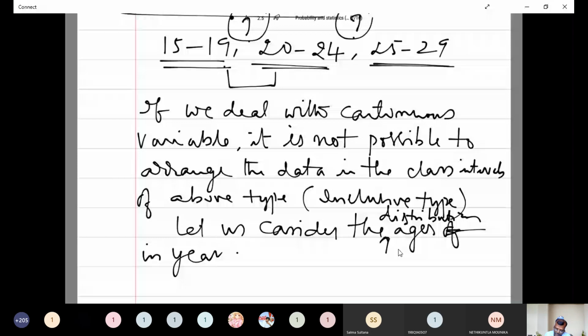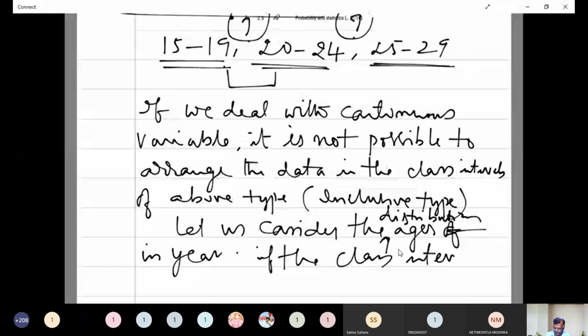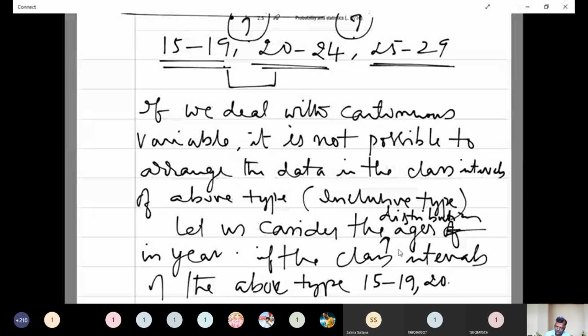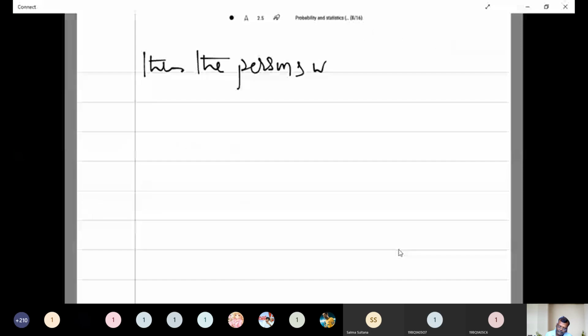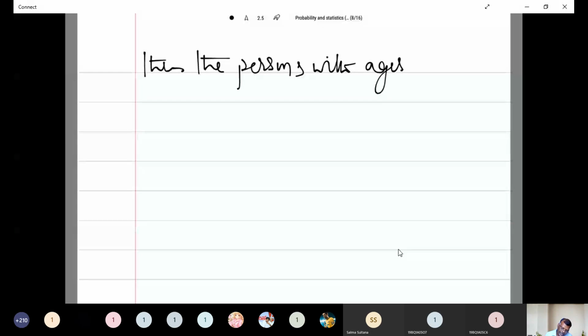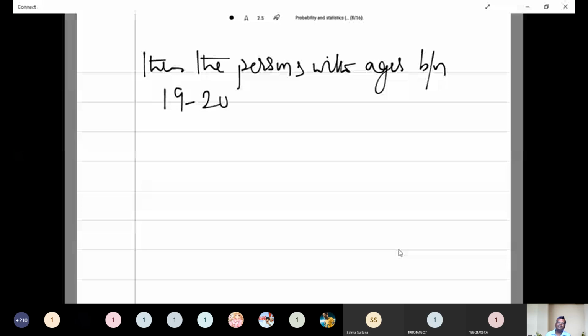If the class intervals are of the above type, that is 15-19, 20-24, etc., then the persons with ages between 19 and 20 are not taken into consideration.